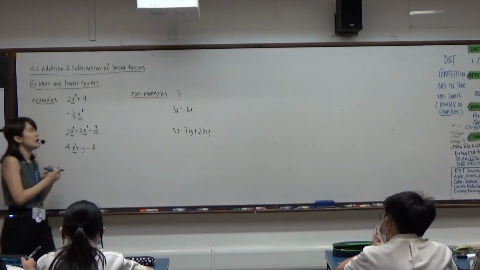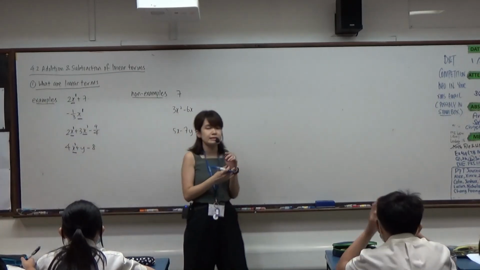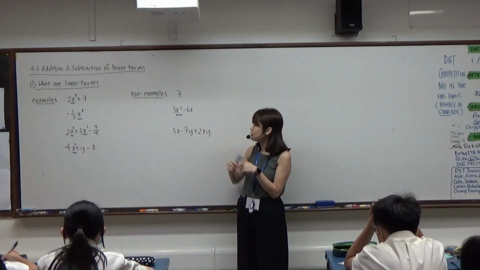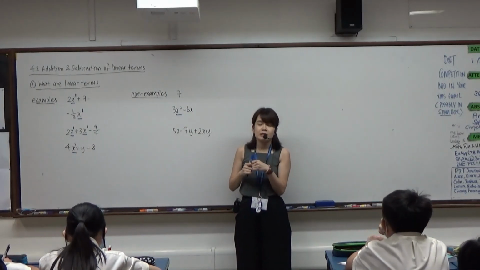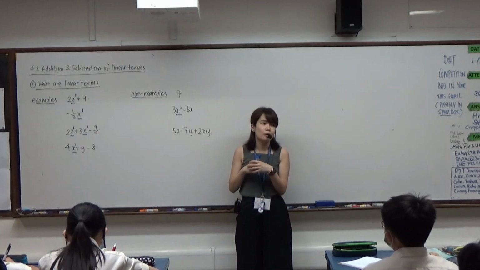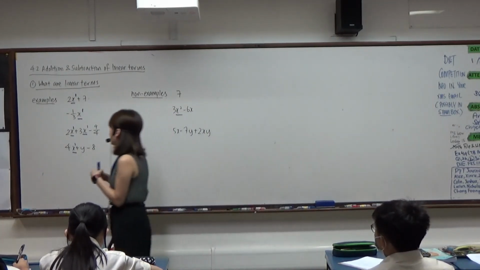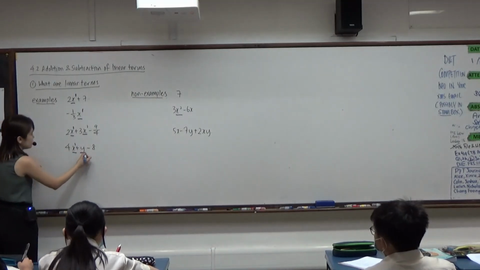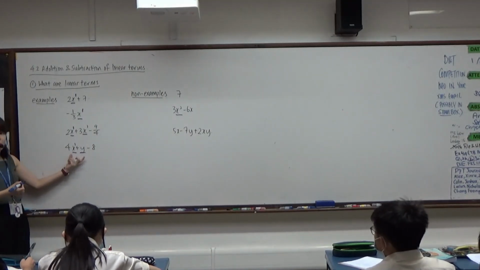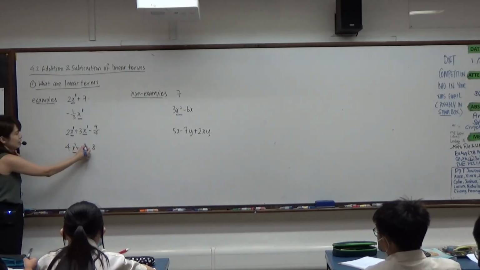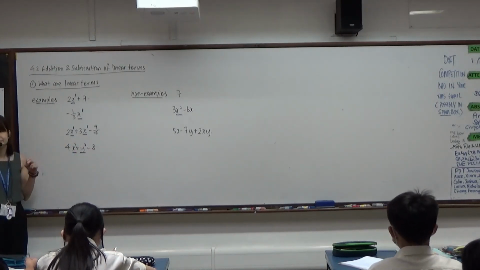Unlike our non-example, things that are not linear, we have times whereby our x is to the power of 2. So it makes it not linear anymore. Then our y over here, it is okay if we have x and y together in our linear expression, so long as the y is actually power of 1.